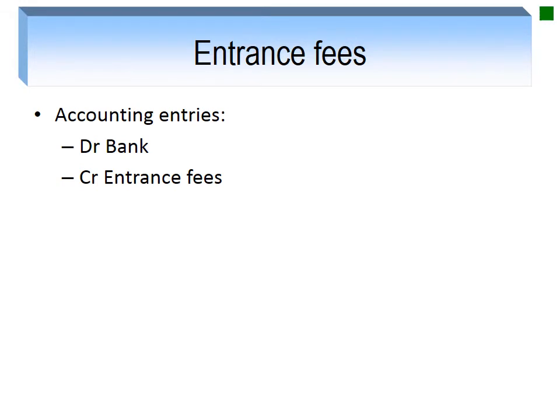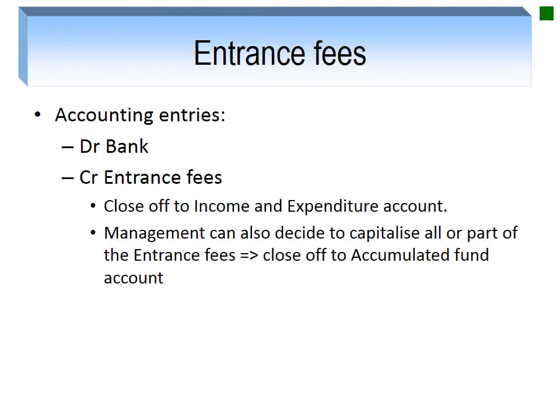The kinds of adjustments or transactions in a club that are particular to a club, that you don't really find in other entities, are entrance fees, and we'll also talk about membership fees. So if you want to join a club, for example, you're often required to pay an entrance fee. Your accounting entry normally is debit bank, credit entrance fees, which is a type of income.